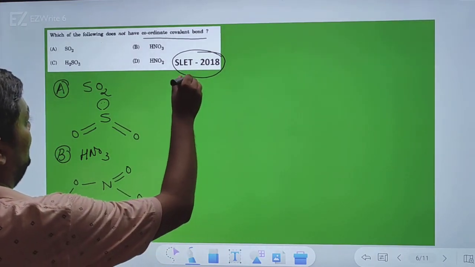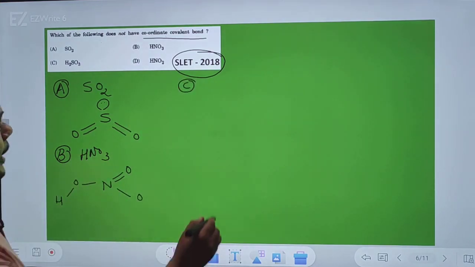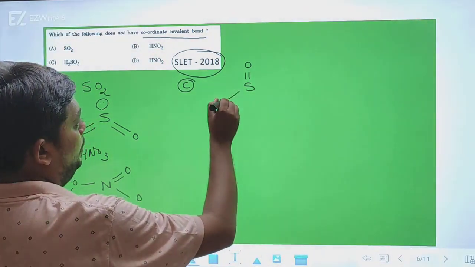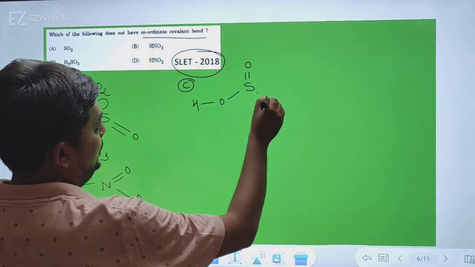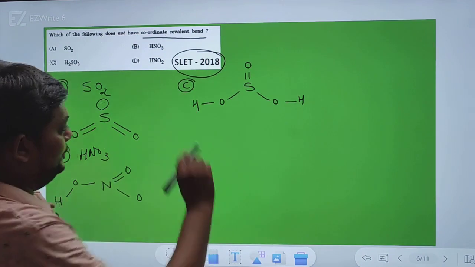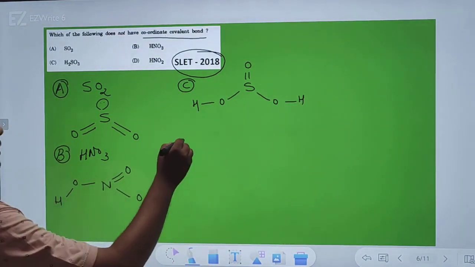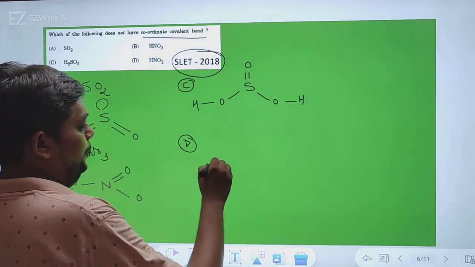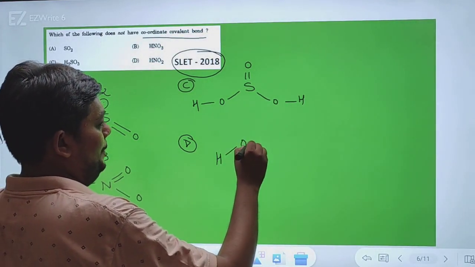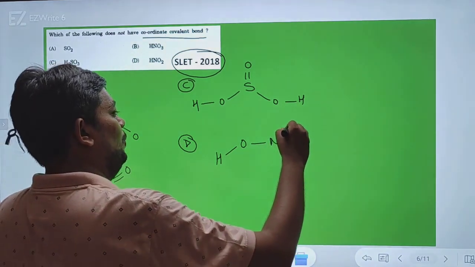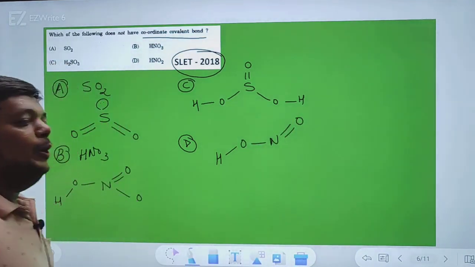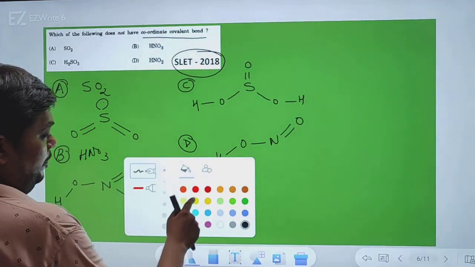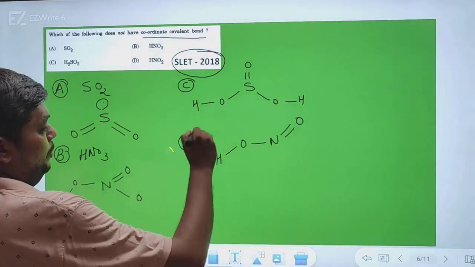Coming to the option number C, H2SO3, S double bond O, OH, OH, and option number 4, HNO2, that is HONO. I am just going to go a little bit different way solving this question. I am first going to solve option number D, that is HONO.